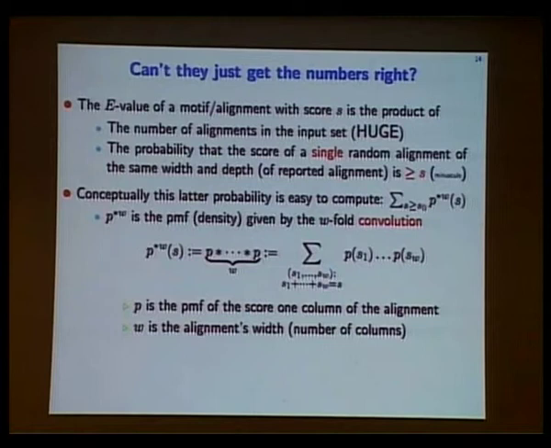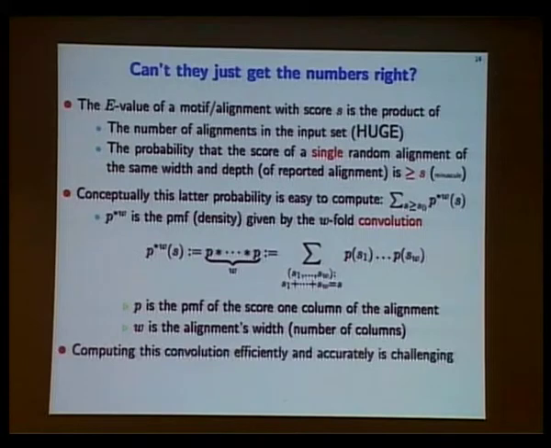That is given by the convolution of W copies of the probability mass function of the score of one column, because the columns are independent of one another and I'm adding W of them. So the distribution of a sum of W independent identically distributed random variables is given by the W-fold convolution. That's the formula written right here, and that's what I need to compute.